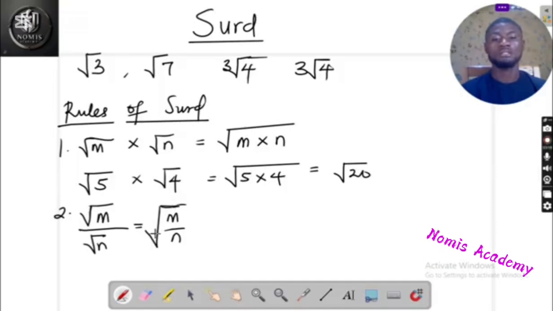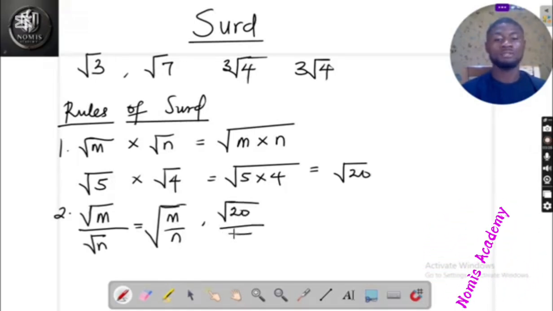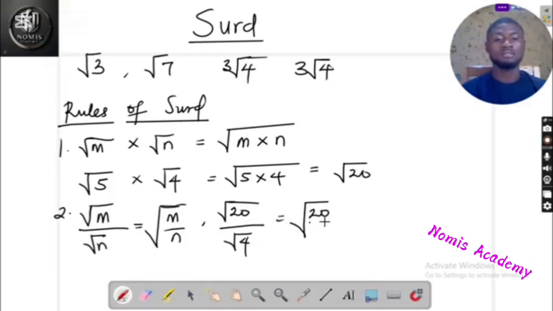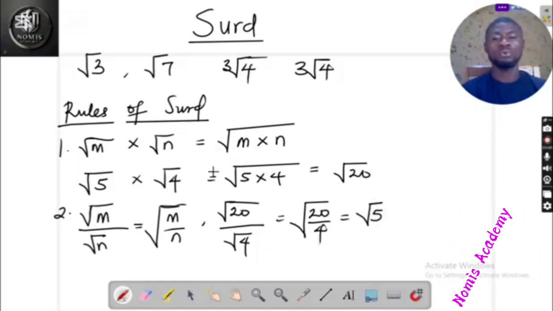So I can just take root 20 divided by 4. For example, let's say I have root 20 divided by root 4. This can just be taken as root of 20 all over 4. So my answer is root of 20 divided by 4, which is 5. So root 5.